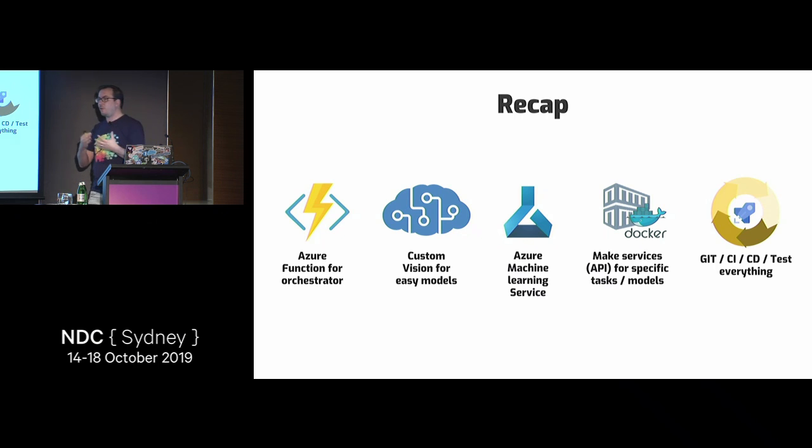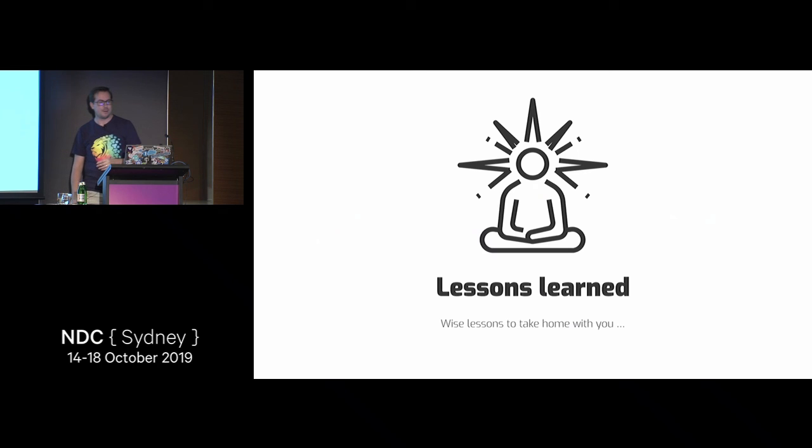Then I made all my services available as an API running in a Docker container that does one very specific task, which I can test without any awareness of the rest of the application. And of course, use Git, CI, CD, and test everything from the start, because if you have to implement it later on, there is never any time for that.